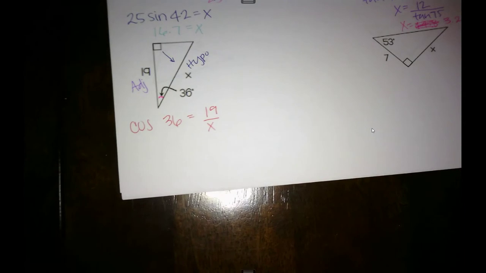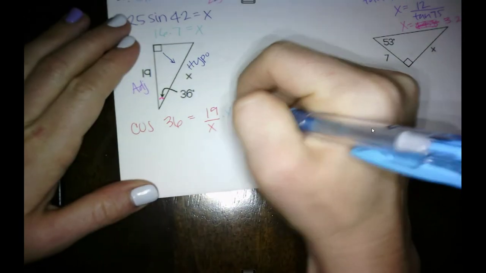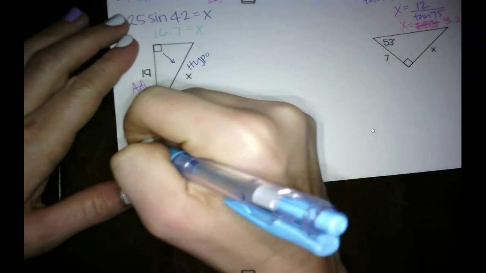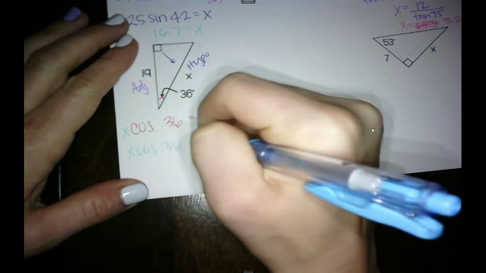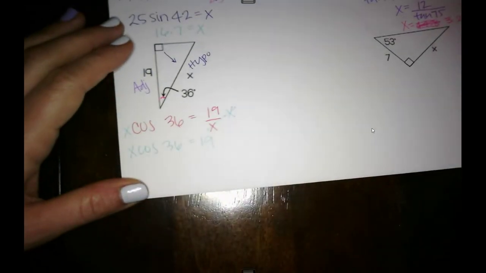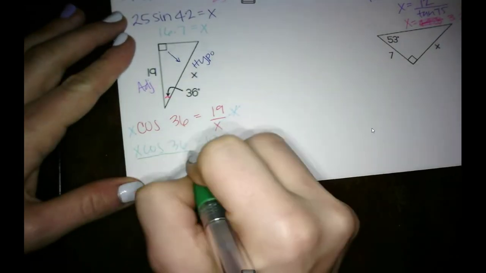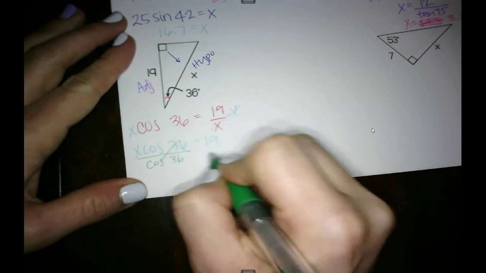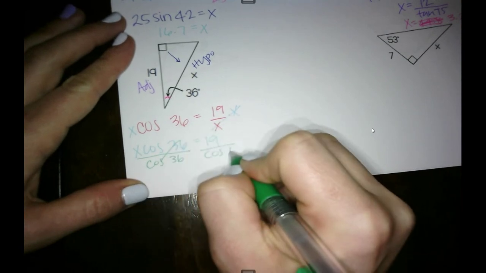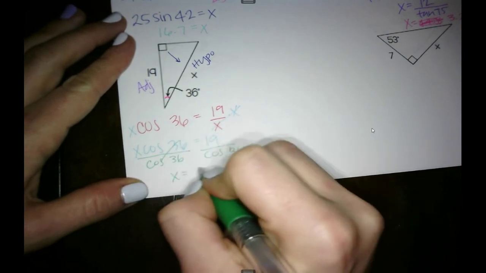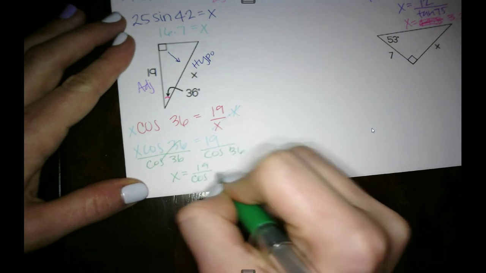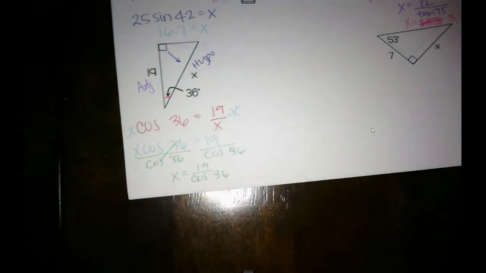All right, so this one is going to end up like the last one. We're going to have to first multiply by x. Cosine of 36 equals 19, and then divide by that whole trig function. So x is going to equal 19 divided by cosine of 36.